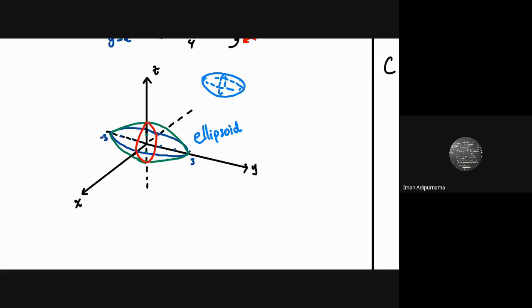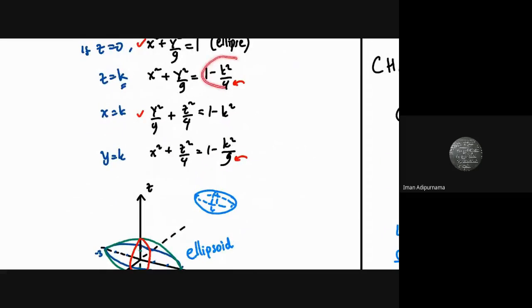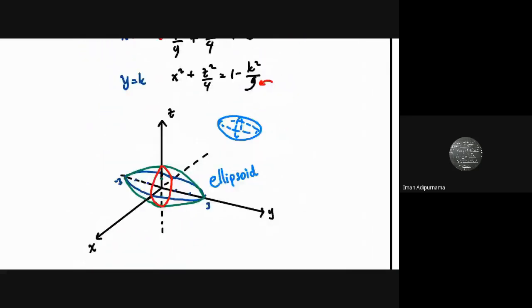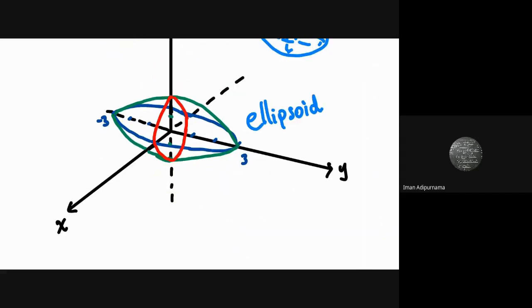Now, what this term k means is that they have this as their maximum and this is also their maximum. So they will have a trace. For example, we want to trace this XY plane at z level.